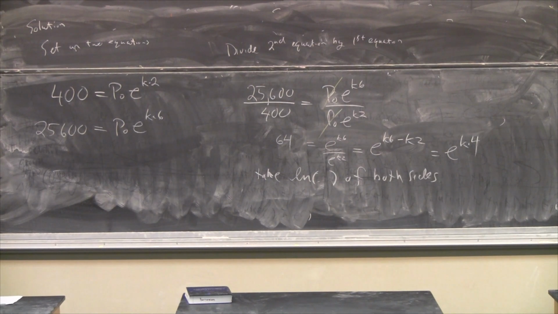I get ln of 64 on the left, and on the right I get ln of e to the k times 4. But what is ln of e to the k times 4? One hand up.